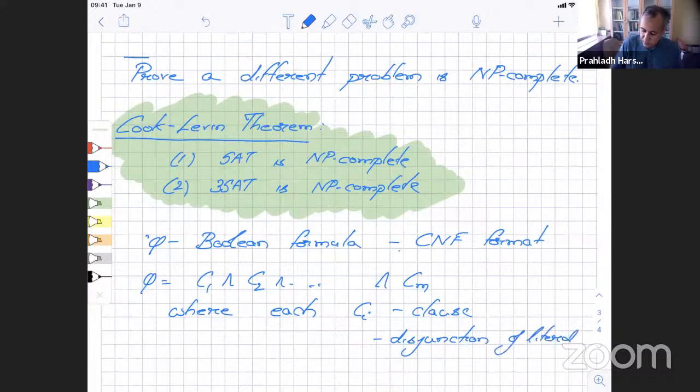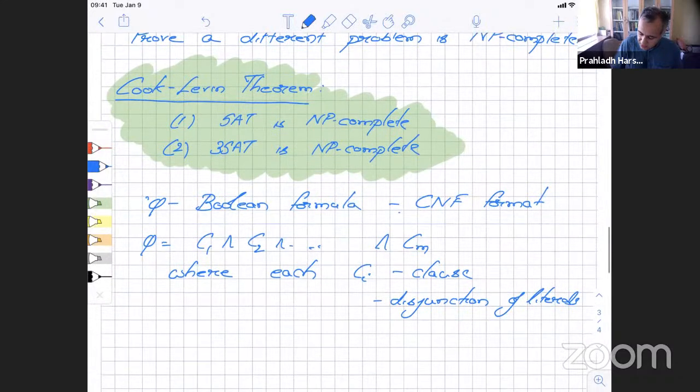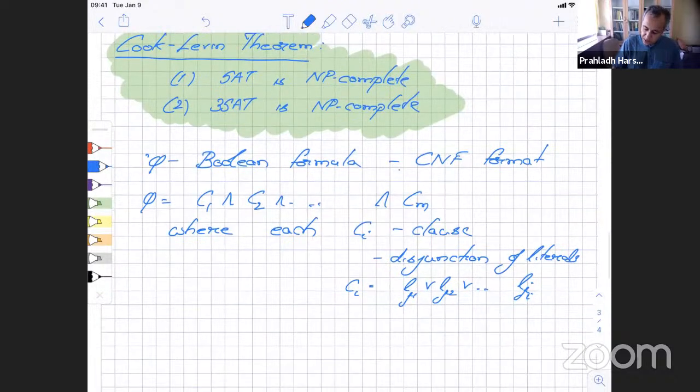Each Ci is of the form Lj1 or Lj2 or and so on, where each literal is either x or x bar.